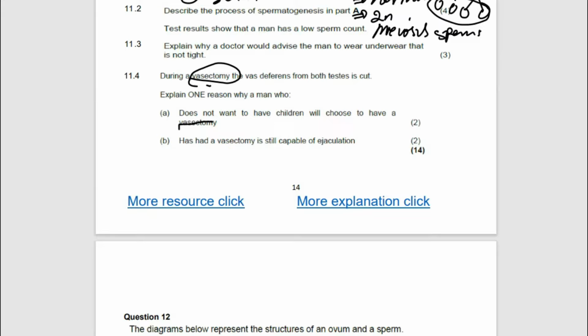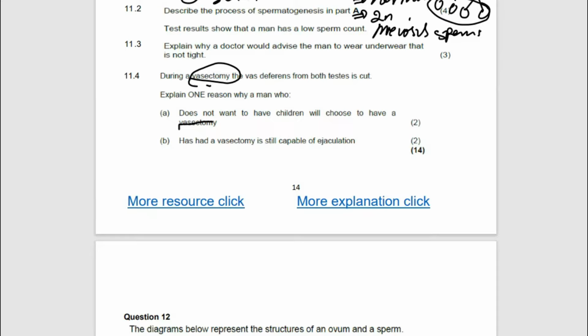It does not mean that, because the penis to erect is not connected to the testes. The penis to erect is connected to the blood being supplied to the penis. The blood will still be supplied to the tissues of the penis. Therefore, this person can erect and can have sex.